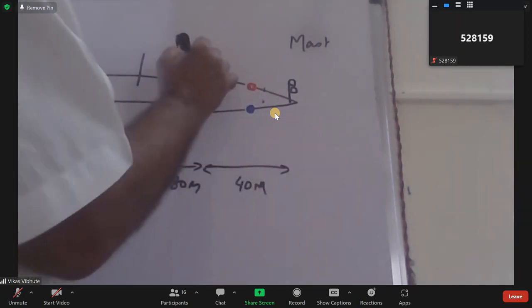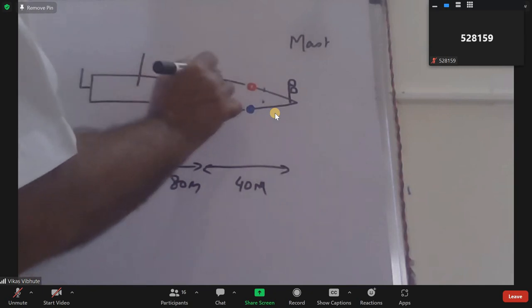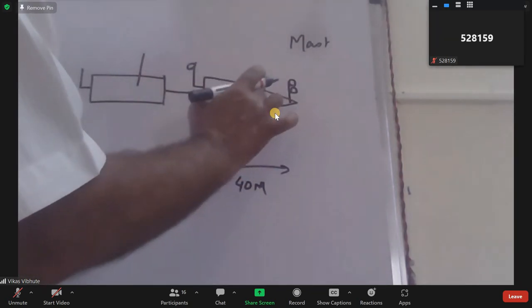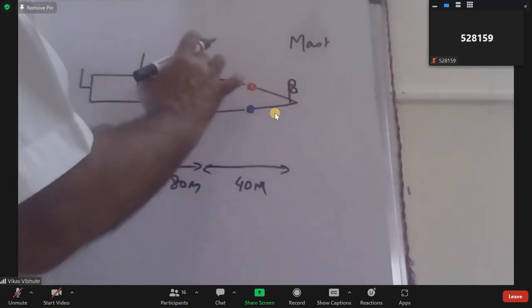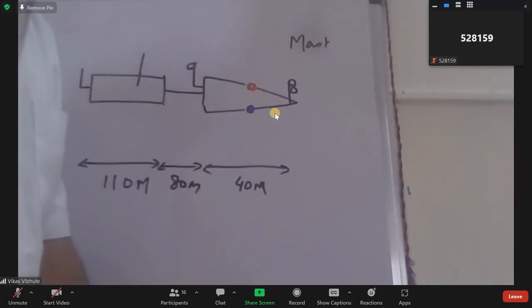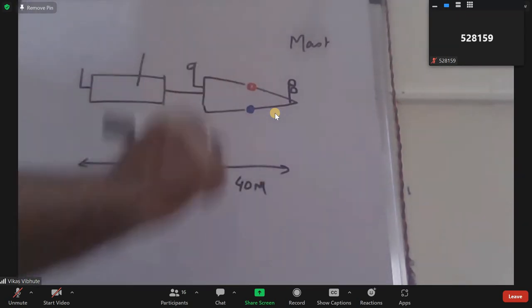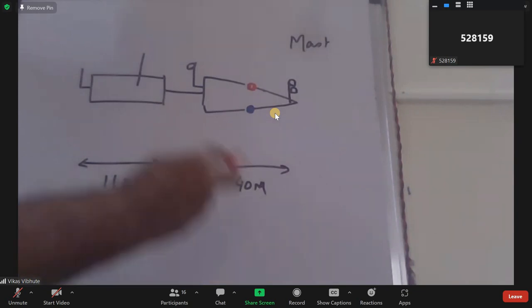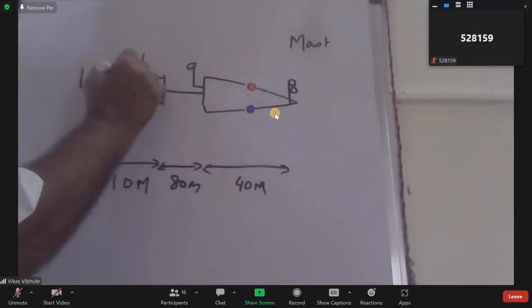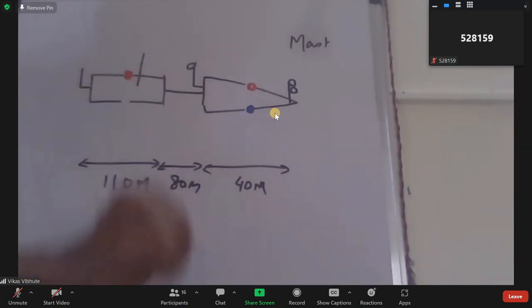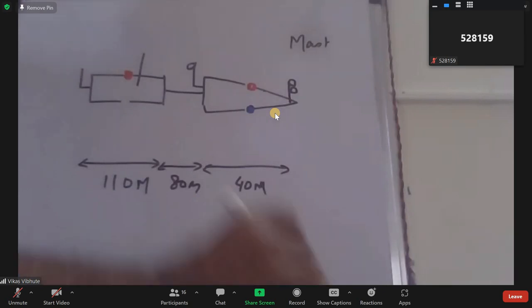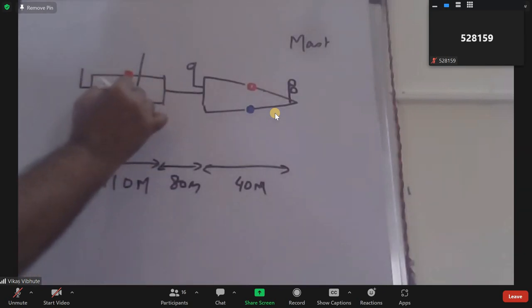Stern light. Since the tow is less than 200 meters, you don't have to show the yellow light. Not required. But you can show it, there's nothing wrong.